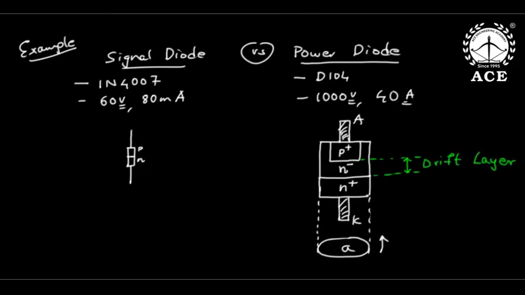Please understand. Apart from P plus and N plus, there is an extra drift layer N minus. By inserting this extra drift layer N minus, now it can withstand high voltage. Why?